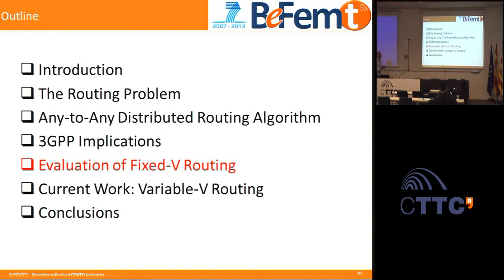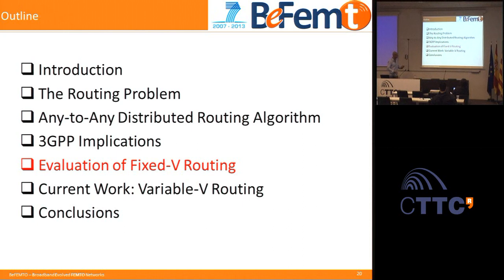First of all, we will see a study with a fixed constant V parameter, and then we will see results that we have carried out with a variable V algorithm in order to auto-configure every home node B in the all-wireless network of femtocells depending on the traffic requirements, with a higher, lower, or medium V.